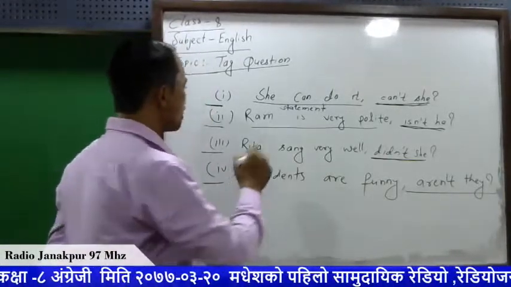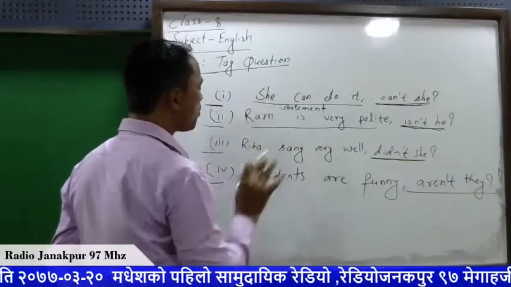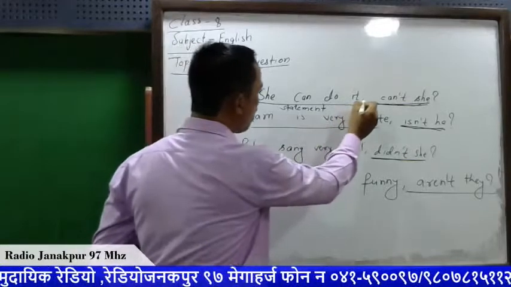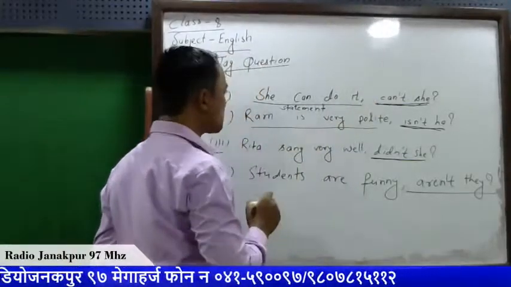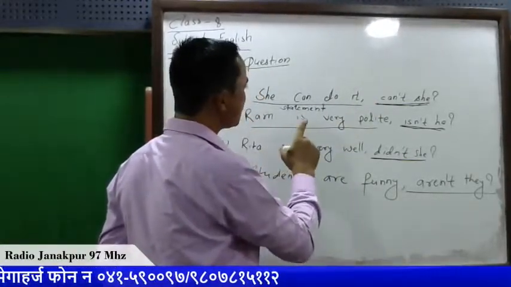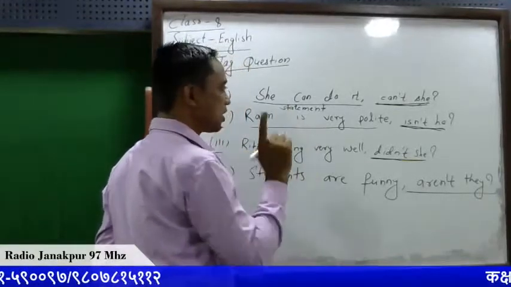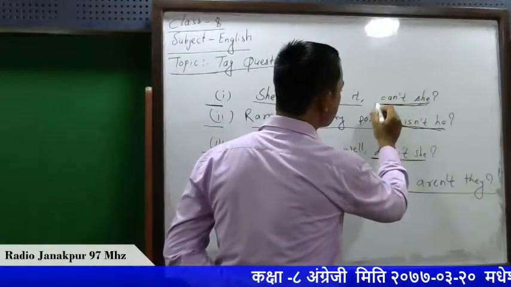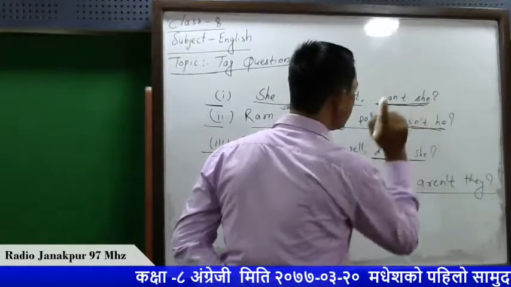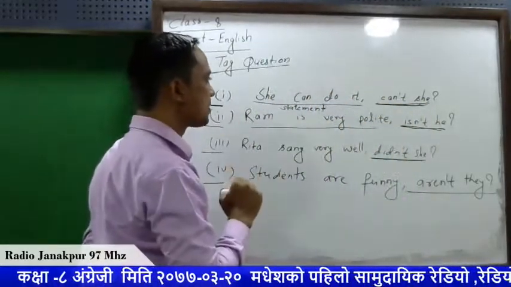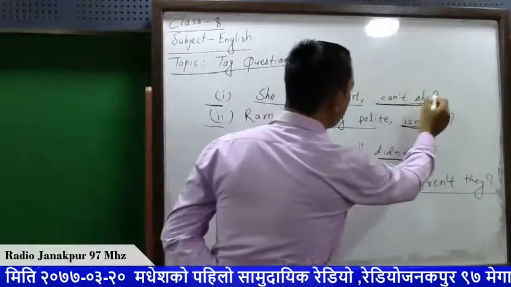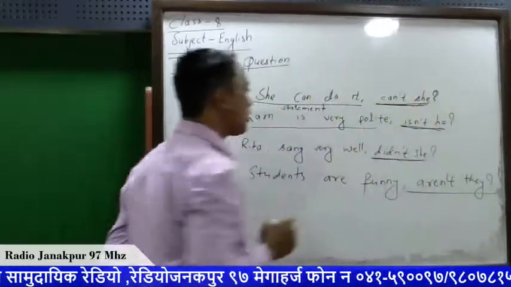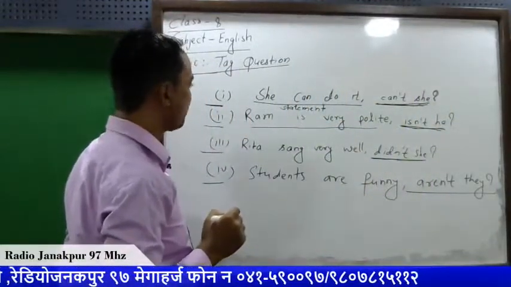Now you can observe 3-4 rules from these 4 sentences. Number 1, a comma must be added after each statement. Number 2, all the letters in the question tag must be small letters, and a question mark should be added at the end of the question tag.